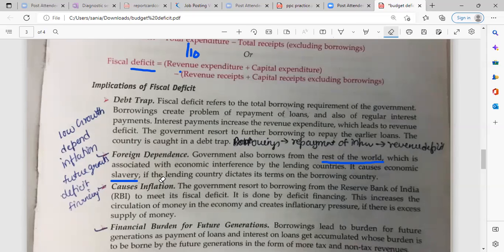It's not compulsory, not everyone dictates, but if the lending country decides to be a dictator, only then will that cause economic slavery. Usually it doesn't happen, but sometimes it can, because I have given you money, I can show my power that from tomorrow you'll be doing my homework, you'll be doing this, that. That is my terms and conditions. Clear, everyone? Yes, teacher. Yes, ma'am.